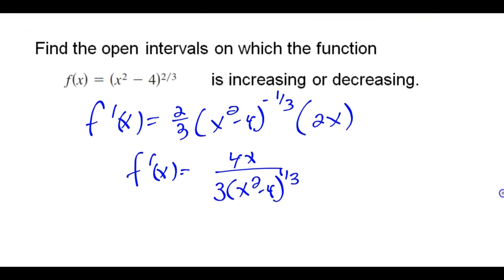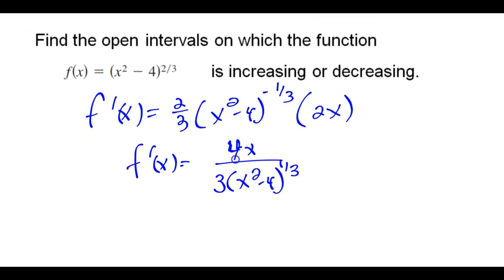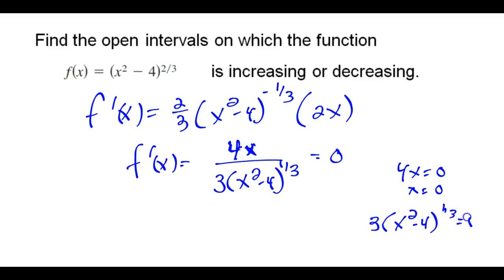So I can see I've got some critical values here. If I set this equal to 0, then 4x equals 0 when x equals 0, and the denominator equals 0 when 3 times the quantity, this to the 1/3 equals 0, and that means x squared minus 4 to the 1/3 equals 0.